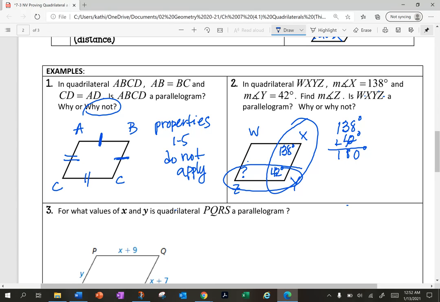So consecutive angles are supplementary.